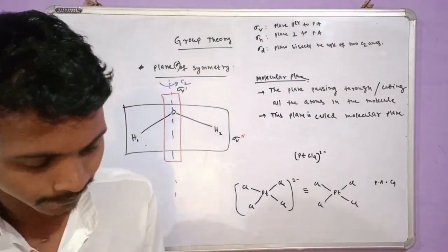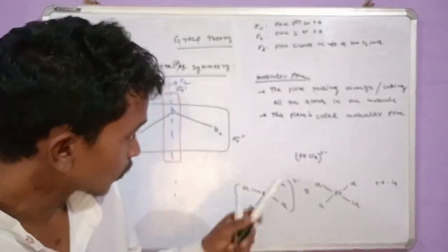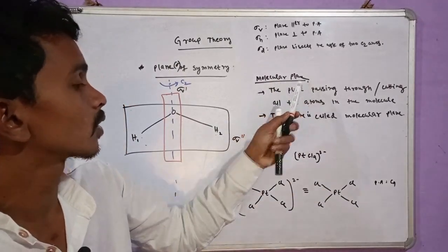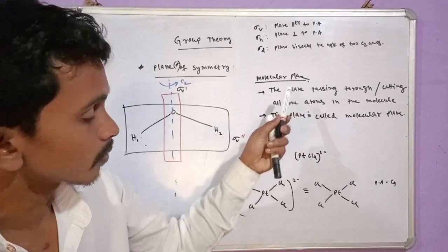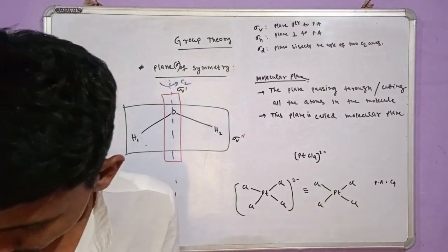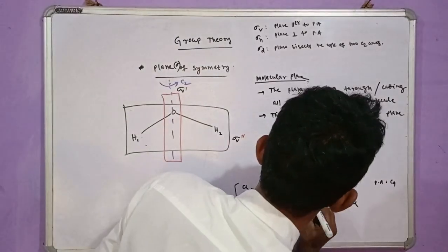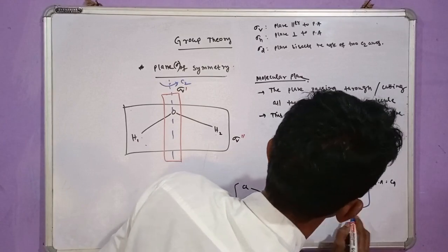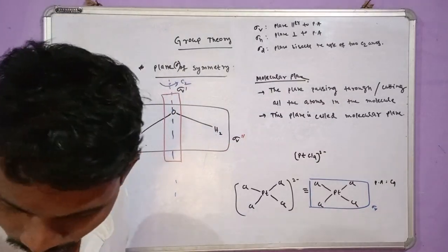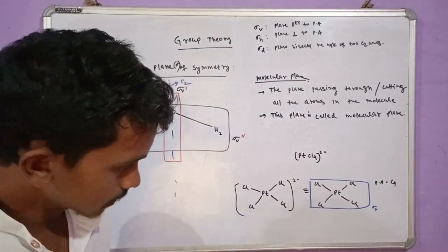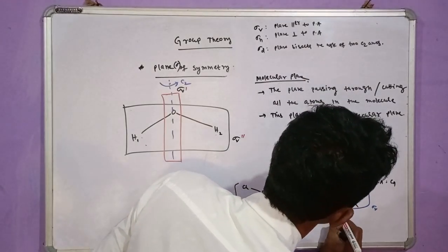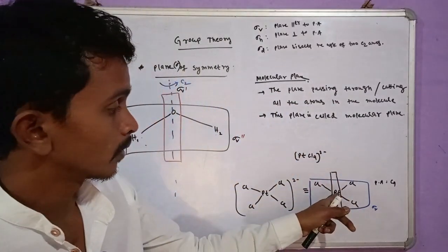And what planes are present here? If the molecule is planar, then the molecular plane is always present. This is also planar, so the molecular plane is present. Let's say this is sigma h, one molecular plane. Other planes you can see pass through like this, only cutting Pt.